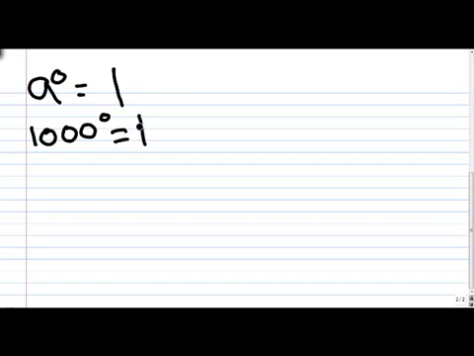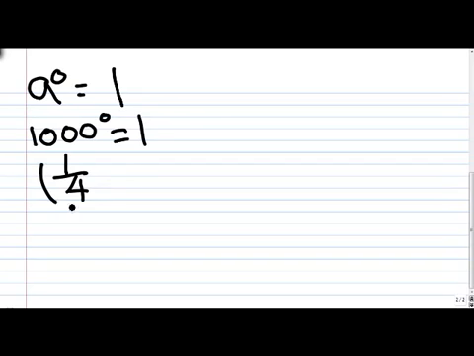So some people actually find this interesting. A to the power of 0 is actually equal to 1. That establishes the fact that anything to the power of 0 is 1, no matter how complicated the number is.